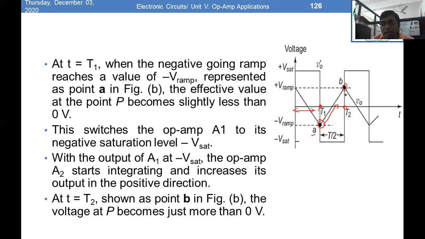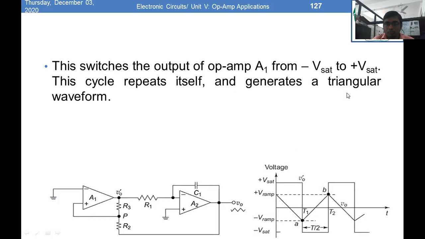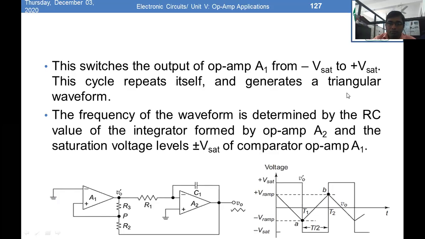At that time it again switches the output from minus V set to plus V set, and once again the output of A2 starts decreasing, generating the minus V ramp signal, and this cycle continues. This cycle repeats itself and generates a triangular waveform.